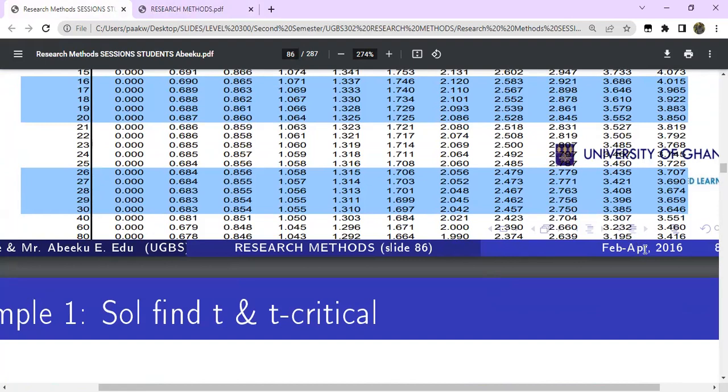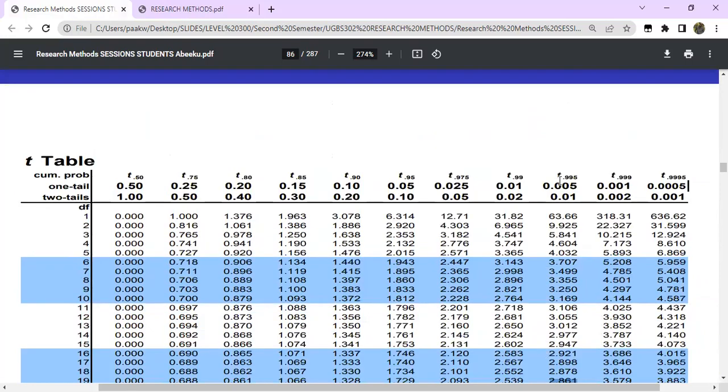Which number is closer to that? 2.861. Where is it? Go to the top. 2.861, so it's under what? 0.005. There's one tail, so 0.005.